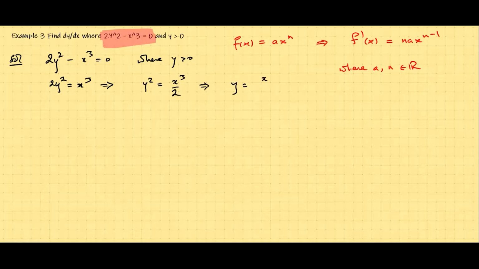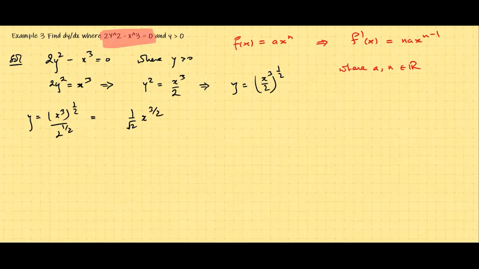If I write a square root as a power of a half, then this is where the fact that y is positive is important, because when we take a square root, it could be a positive square root or a negative square root. We're told that y is positive, so the square root must itself be a positive square root. So then we can write down y is x cubed to the half over 2 to the half. Simplifying this, it's 1 over root 2 x to the 3 over 2.